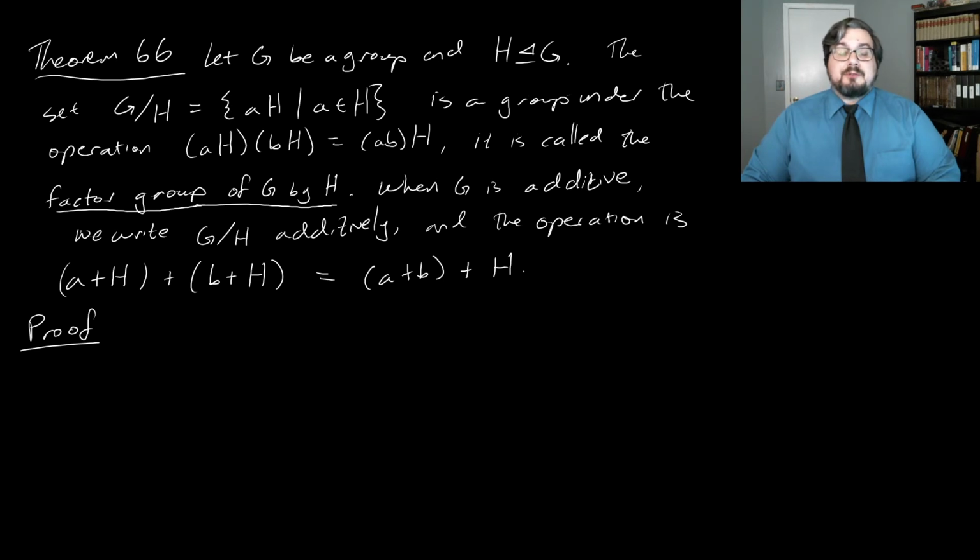Now, as I mentioned, the first thing that we need to prove is that the operation is well defined. The good news is that once we do prove the operation is well defined, proving the rest of the group axioms hold is going to be pretty much immediately true from the fact that the group axioms hold on G. In fact, if you go back to when we were originally defining the groups Z mod NZ, you'll notice that we went through a very similar process to what we're about to.